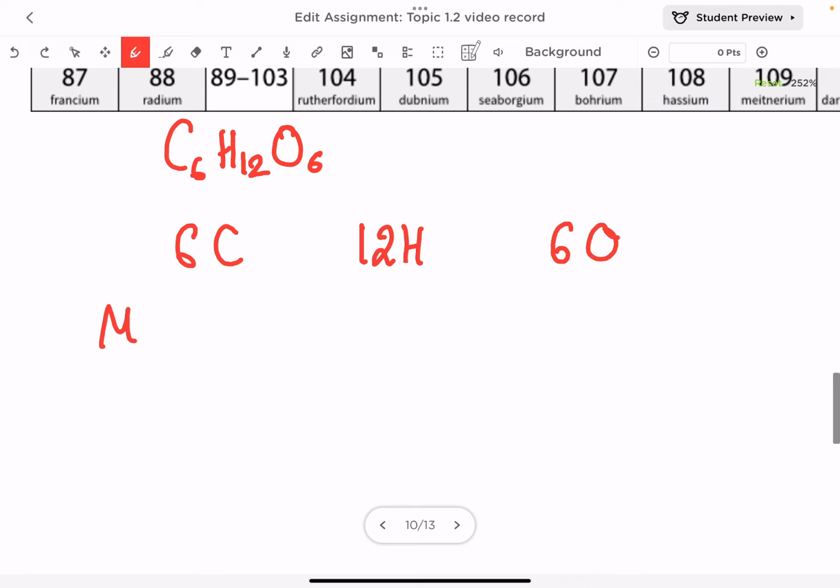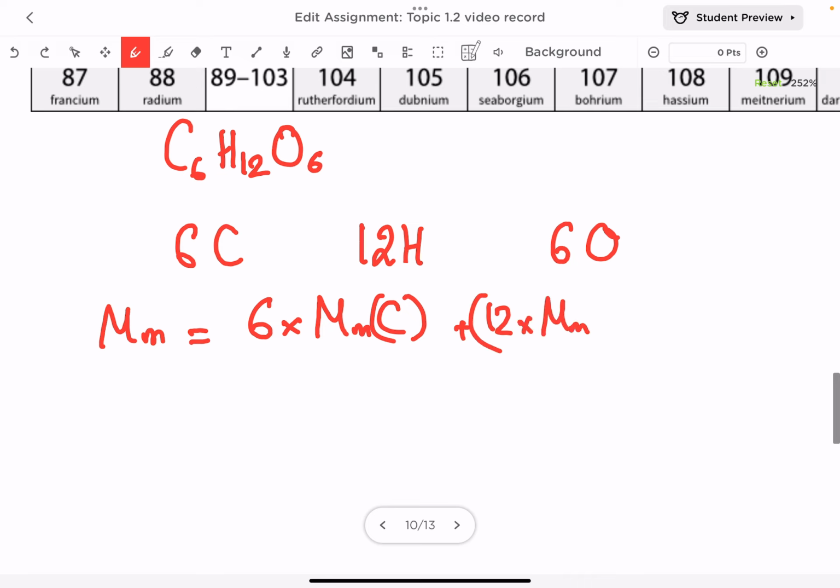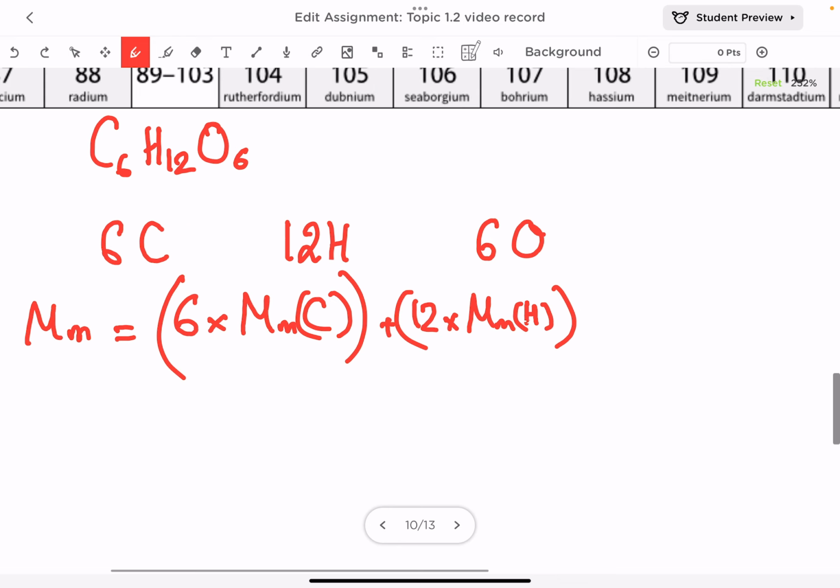In this case, the molar mass of this compound would be 6 times the molar mass of carbon, 12 times the molar mass of hydrogen, and 6 times the molar mass of oxygen.